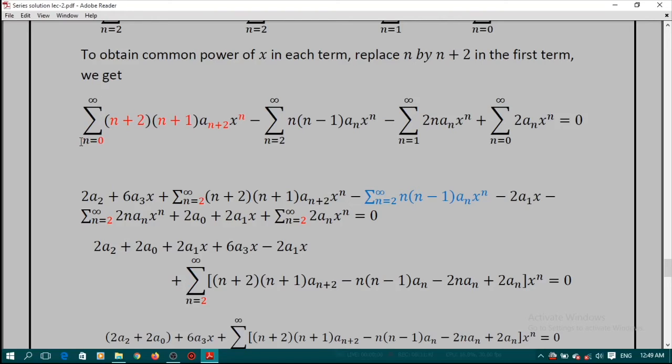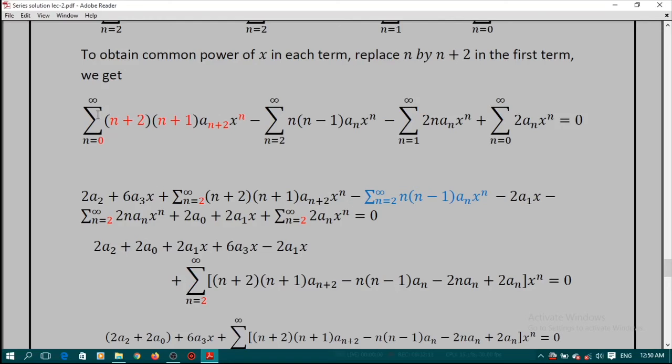If we put n equal to 0 here, we get 2 into 1 into a2 x raised to 0, so we get 2a2. Now if we put n equal to 1, we have 3 into 2, that means 6, and a3 into x raised to 1, so we get 6a3 into x.